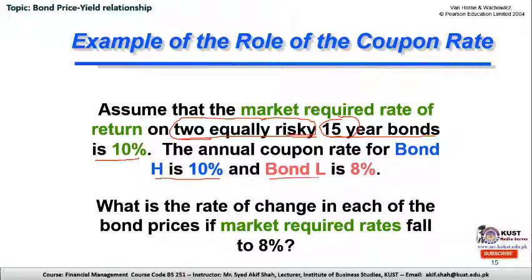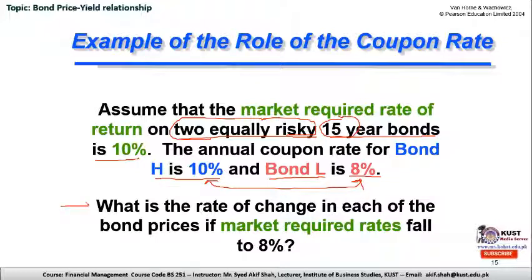However, the other bond, referred to as bond L for lower coupon rate, is 8%. So if the coupon rate on the two bonds is different, however the rest of the characteristics are the same, then what kind of impact will the change in the market rate of return have on the bond price?